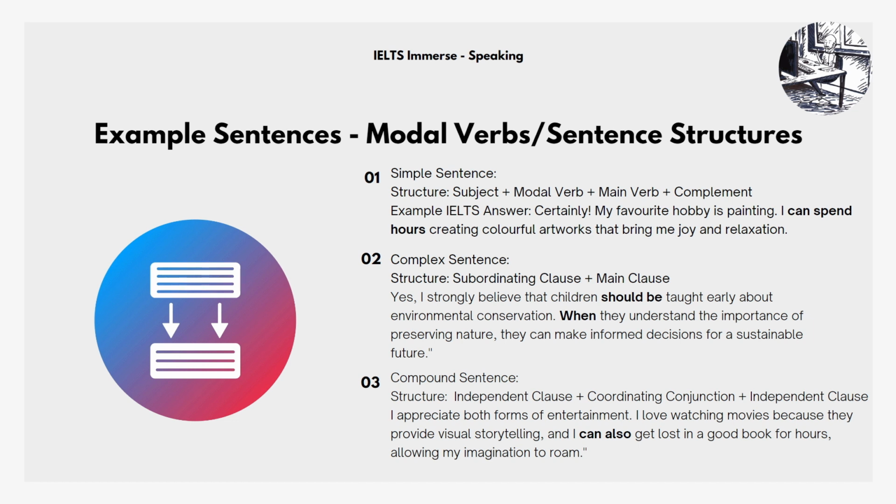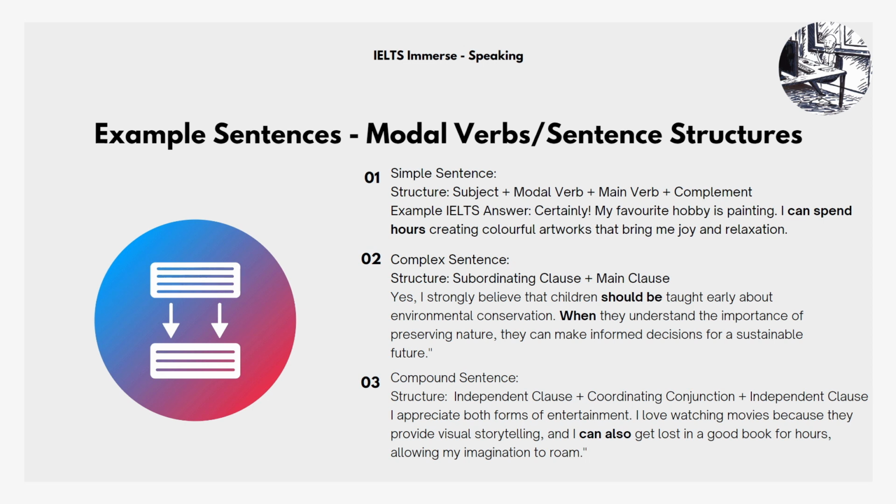Compound sentence. Structure: independent clause and coordinating conjunction plus independent clause. This would be a compound sentence. I appreciate both forms of entertainment. I love watching movies because they provide visual storytelling, and I can also get lost in books for hours, allowing my imagination to roam. I don't want to go into too much detail on this slide.